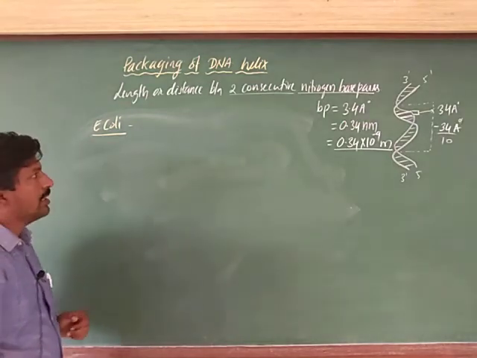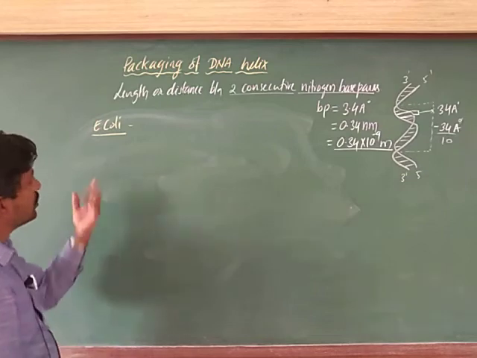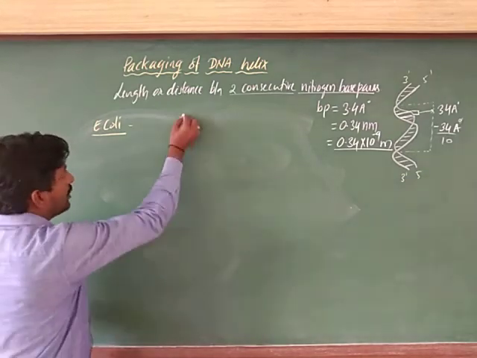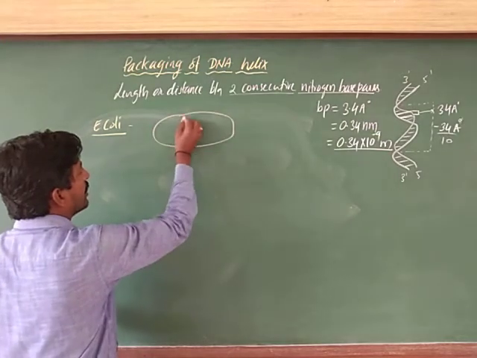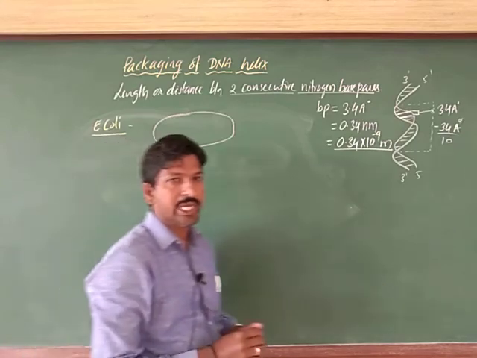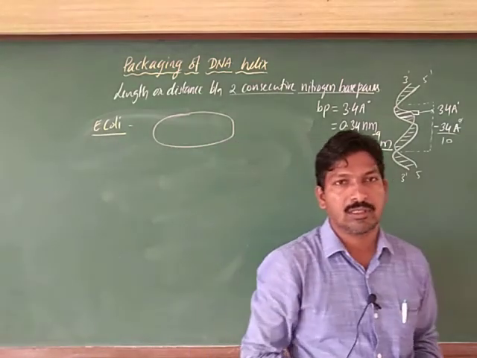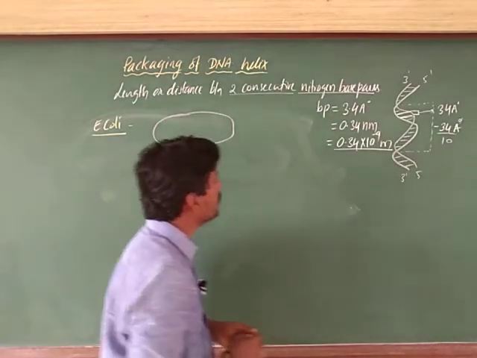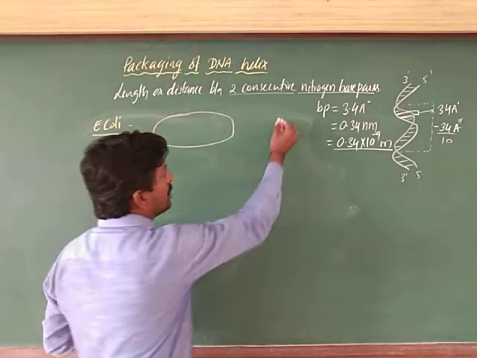In this bacteria, as you know, it is a prokaryote, because there is no nucleus. So, you should remember, the DNA present in bacteria or prokaryotes is different from that in eukaryotes. Understood? In eukaryotes there is a nucleus.